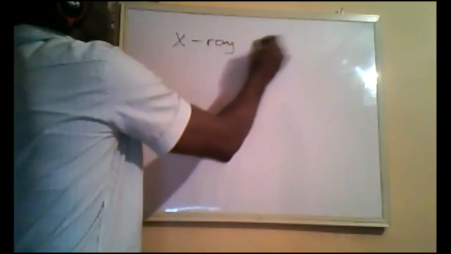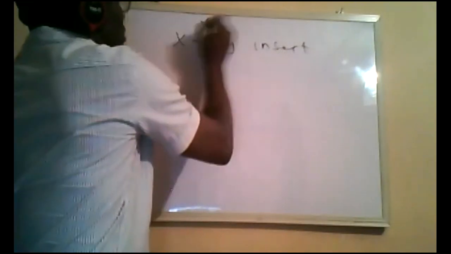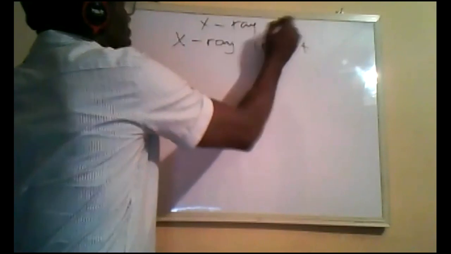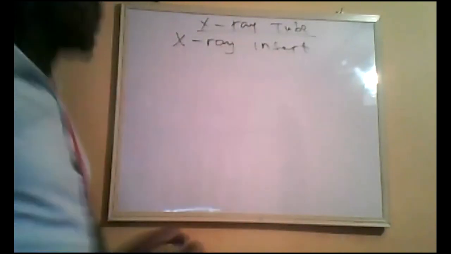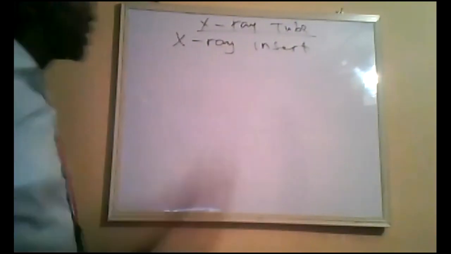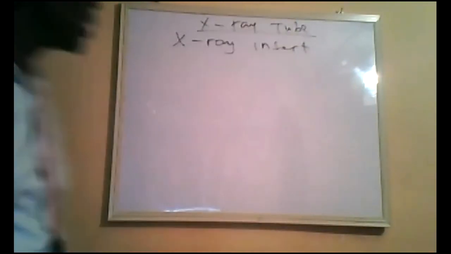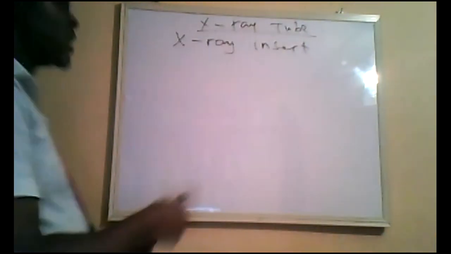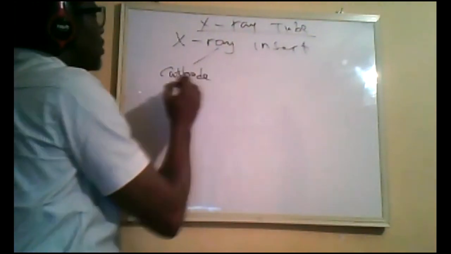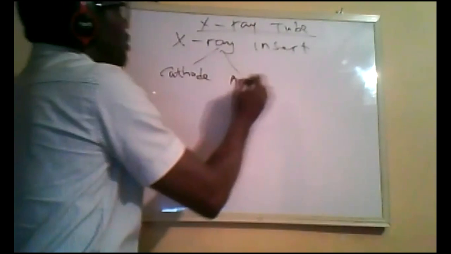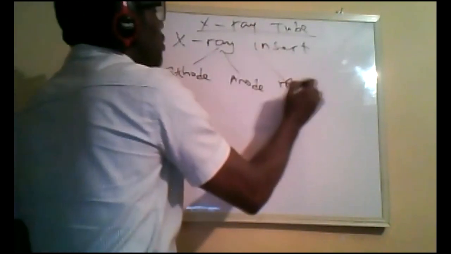Then, based on that, we can further divide the whole X-ray tube into this component, the X-ray insert, which is actually the cathode, the anode, the rotor.